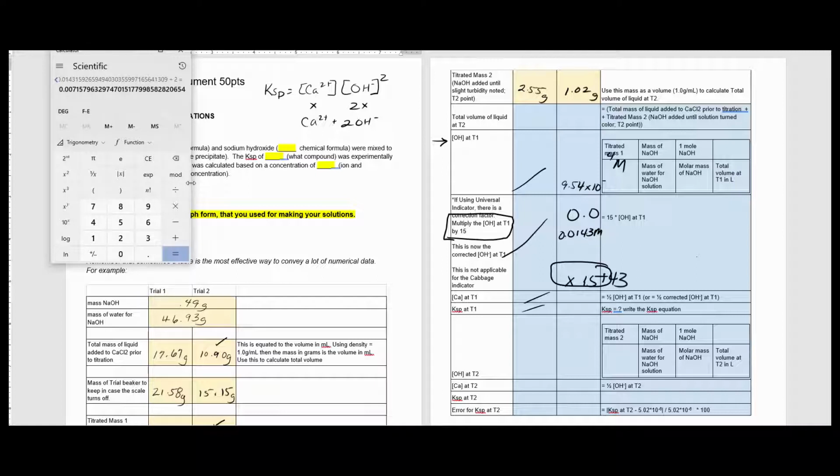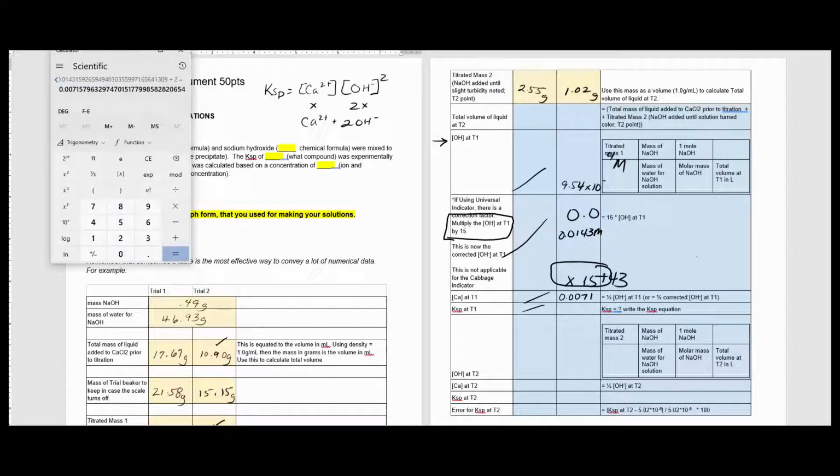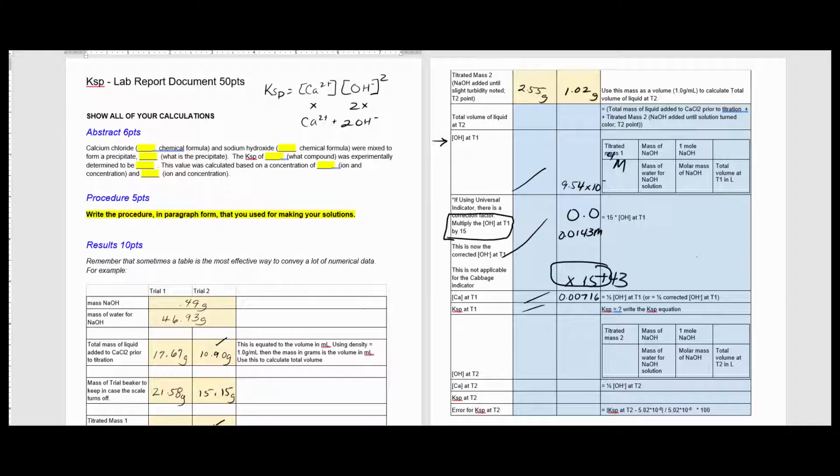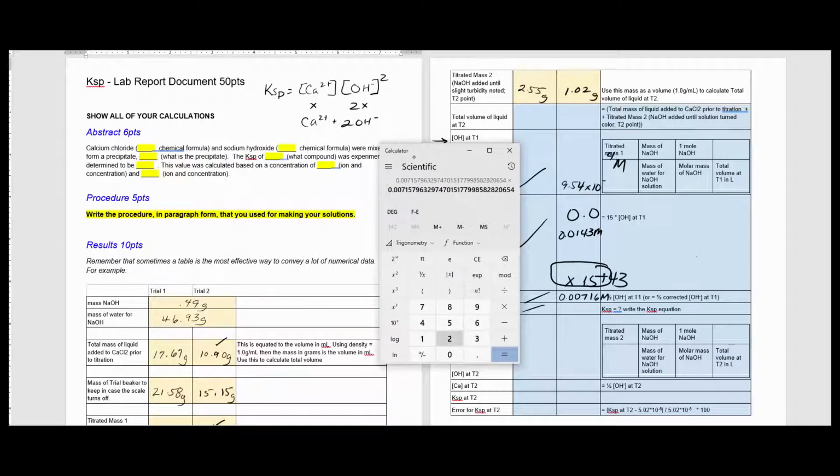When I do that, I get the concentration of the calcium, 0.00716, capital M molar. Now to find the Ksp, I take my calcium concentration and multiply it by my hydroxide concentration squared, but I have to get it right. So I have a Ksp value at T1. My estimated Ksp value is 1.46 times 10 to the negative 6th.